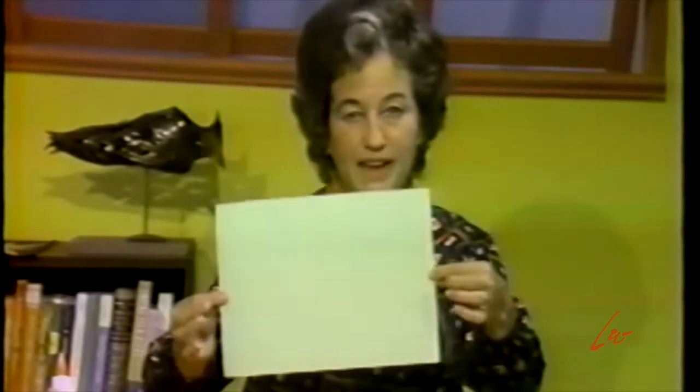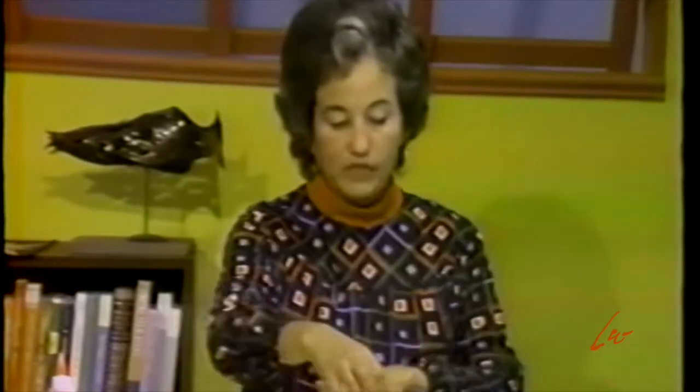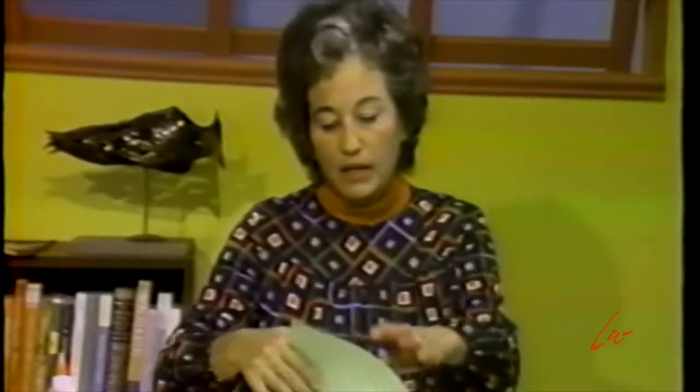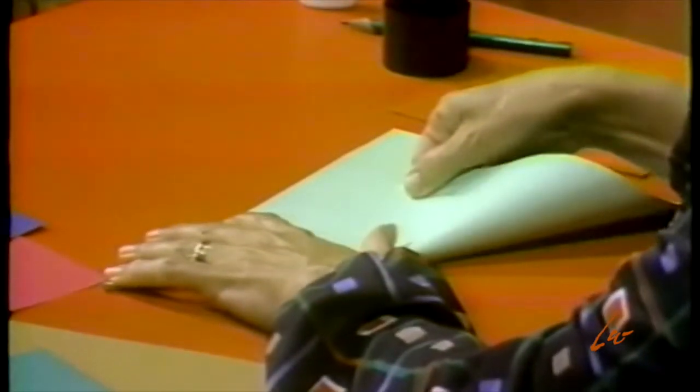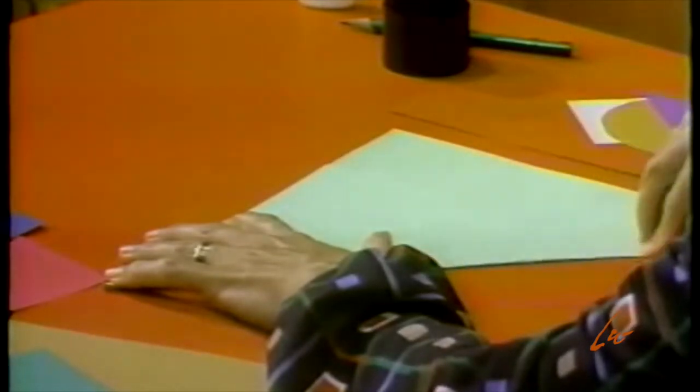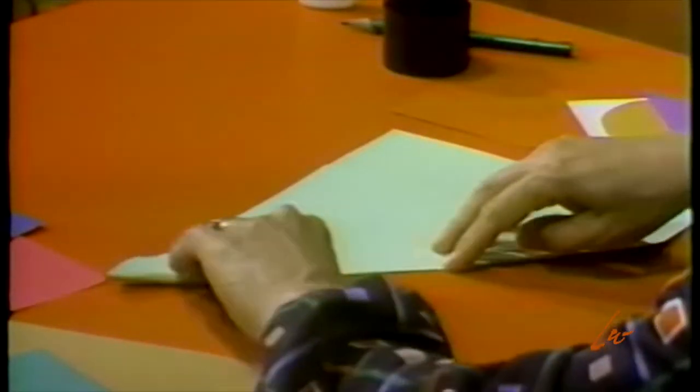First of all, this shape is rectangular. Now, how would you cut a square? To make sure you have a perfect square, all you have to do is take your rectangular piece of paper and fold it right at the corner, and be sure you line it up right along the side.